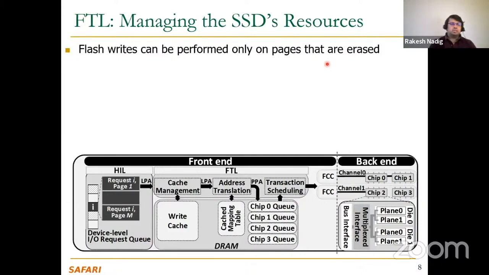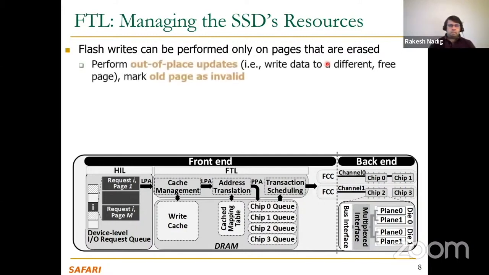So flash writes can only be performed on pages that are erased. Every time there is an update for a logical address sent by the host, we need to perform out-of-place updates, which means that we write data to a different page, and then we mark the old page where the previous data was written as invalid.